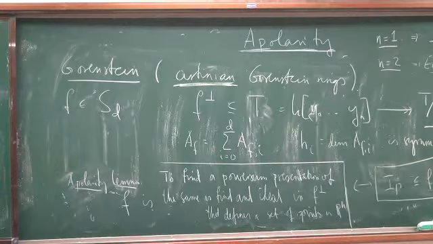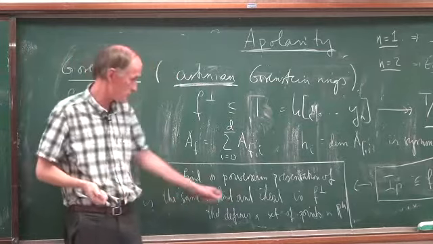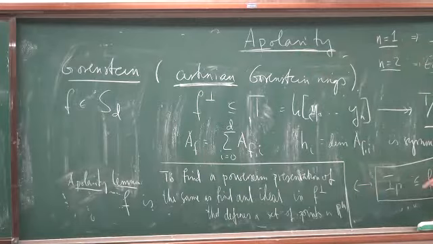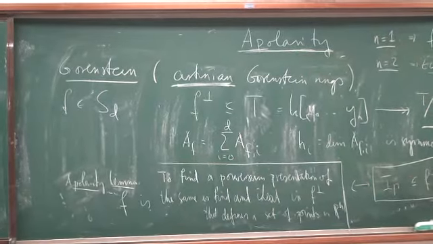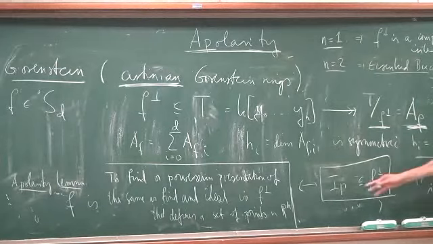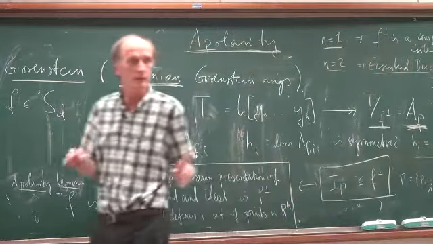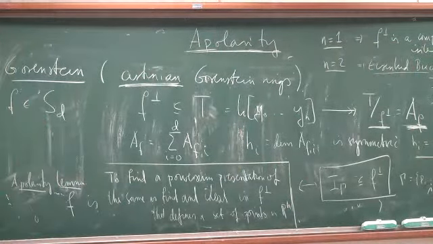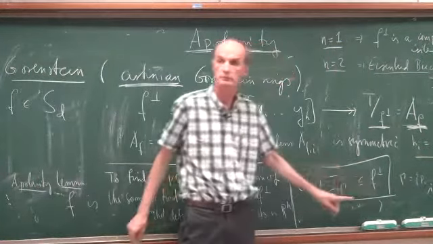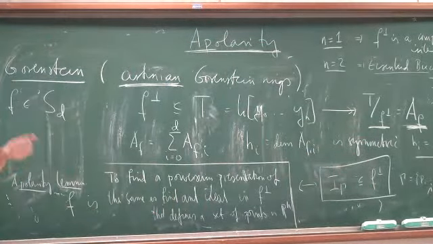You get an ideal, and now what you want to find is some smaller ideal, something contained there that defines a set of points. And why is this so difficult? The key thing one should think of is that F orthogonal as an ideal does not define anything.